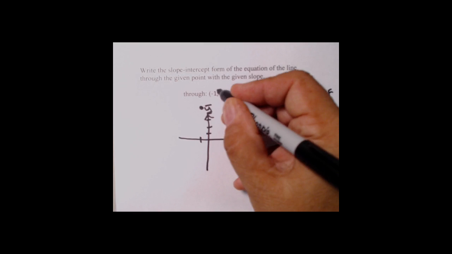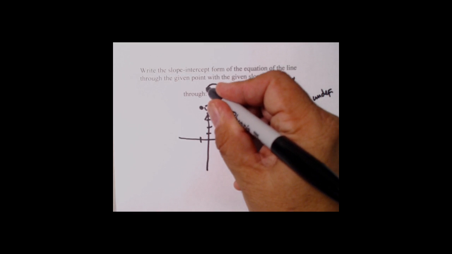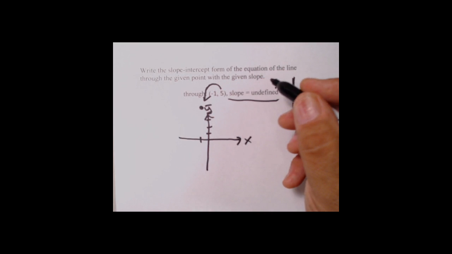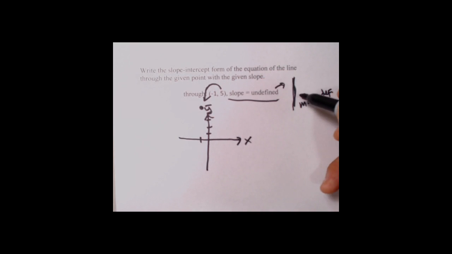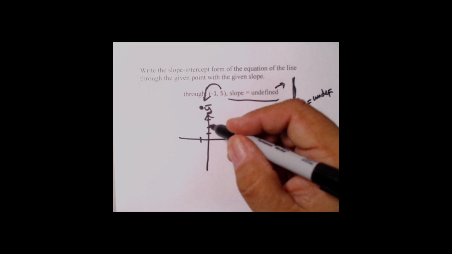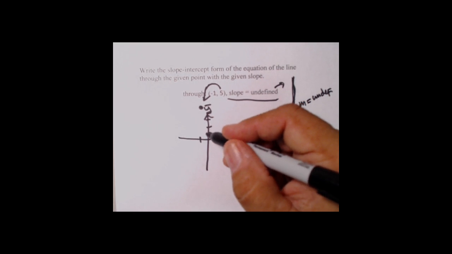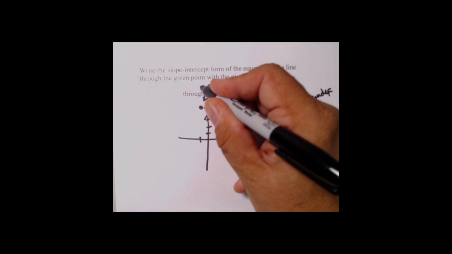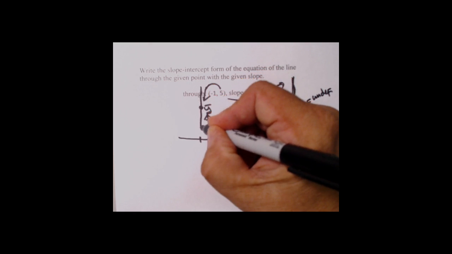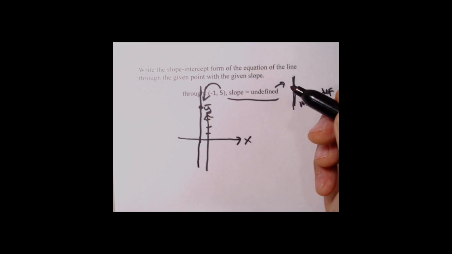So up about here is our initial point. Well, remember, the line is vertical. That's what you have to have when you have an undefined slope here. So that means that if we were to graph this, it would come down straight like this.